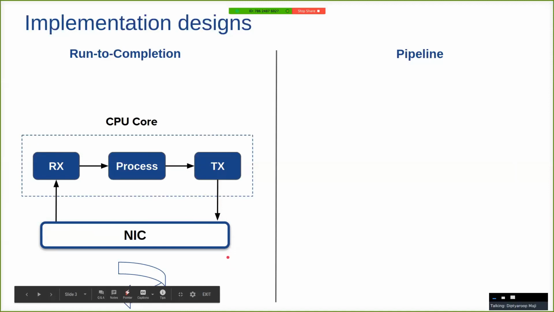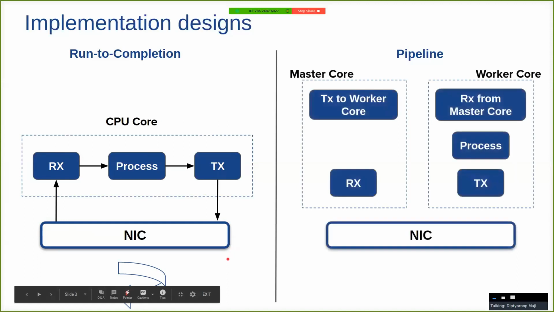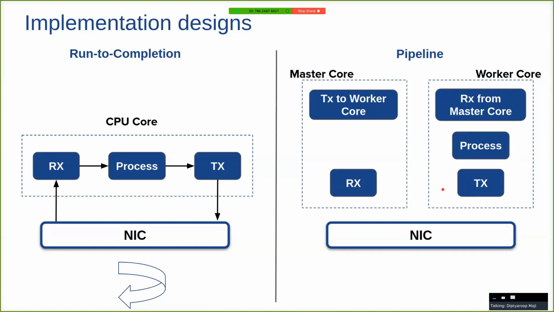Whereas in the pipeline model, there are at least two cores involved. So for the time being, let us assume that there are only two cores. There is one master core and there is one worker core. What happens is, whenever the NIC receives a batch of packets, the master core receives those packets in the user space from the NIC and then transfers those packets to the worker core.